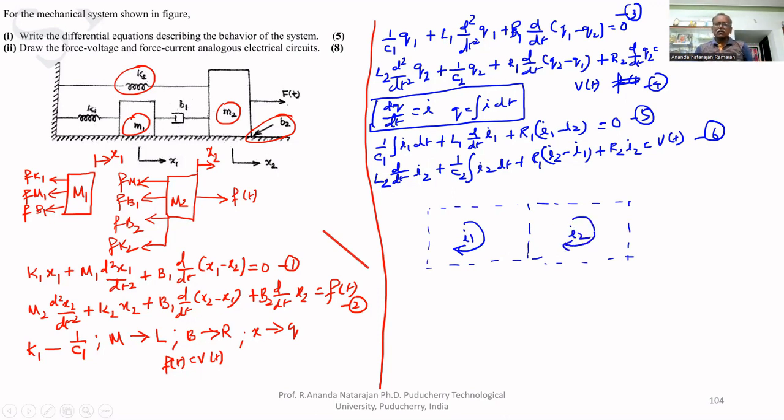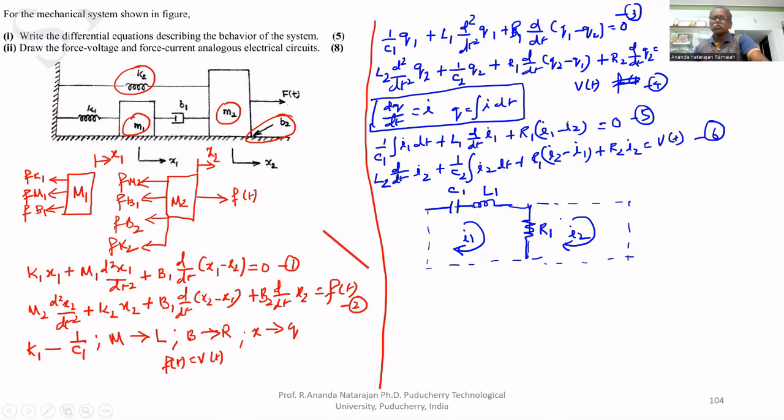Take the fifth equation: C1, I1. Through C1, I1 alone is flowing, that's why this is C1. Through L1 also only I1 is flowing. But through R1, it is I1 minus I2, where I2 is against, that's why you have to draw it so.